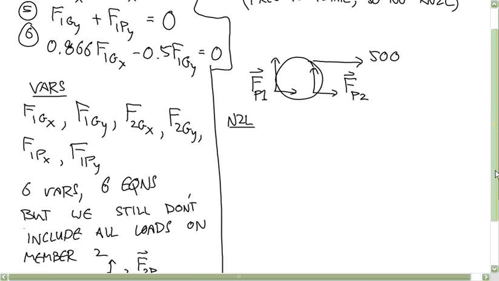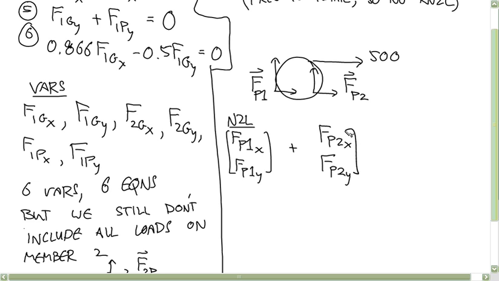So Newton's second law says FP1x, FP1y plus FP2x, FP2y plus 500, 0 is equal to zeros.